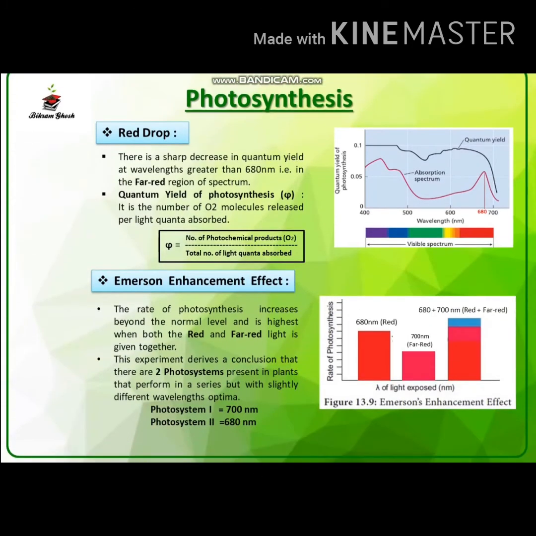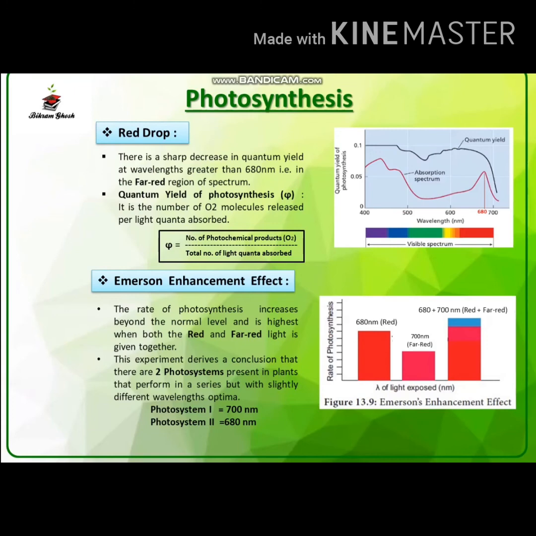Then there are two experiments which are observed during the photosynthetic experiments. First one is red drop. There is a sharp decrease in quantum yield at wavelengths greater than 680 nanometer of the visible spectrum, that is in the far red region of the spectrum.